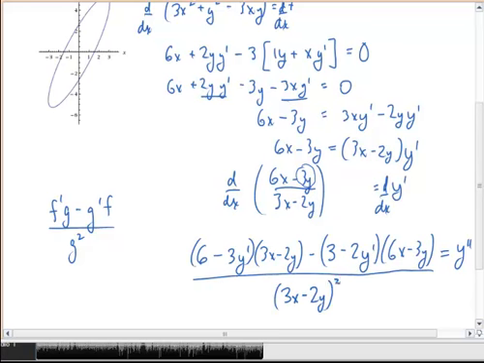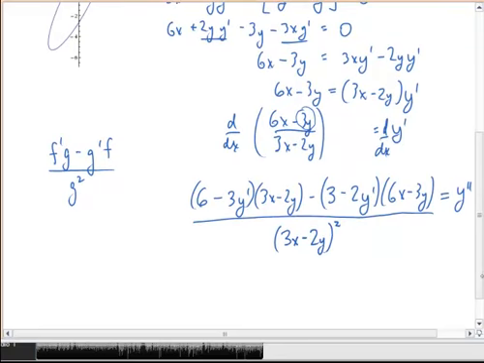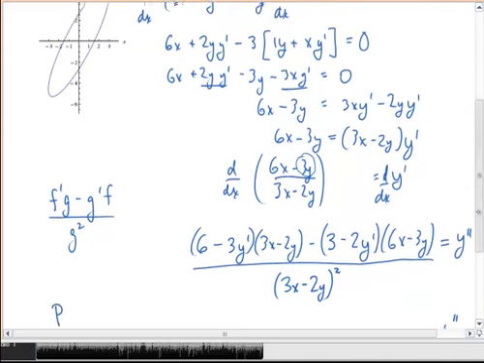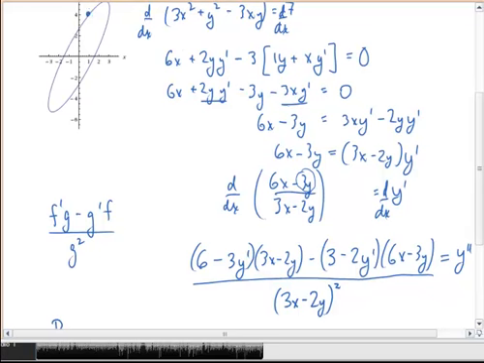Now, some people look at this and they're a little bit fearful of what type of simplification we can do, but typically when we have a problem like this, we're trying to figure out what y prime is equal to. Remember, in the last video, they gave us a point at 1, 4, and they asked us about tangency and a normal line at 1, 4.